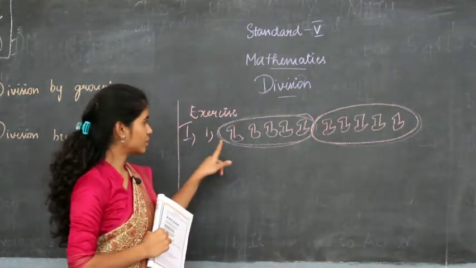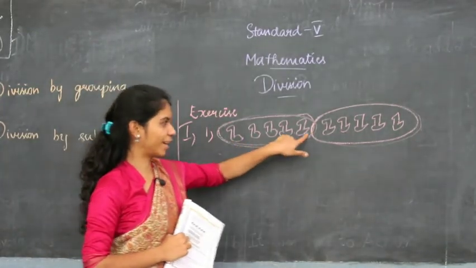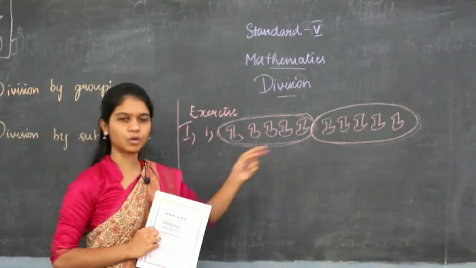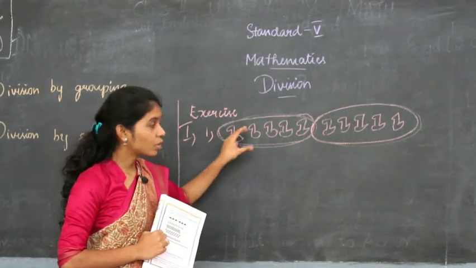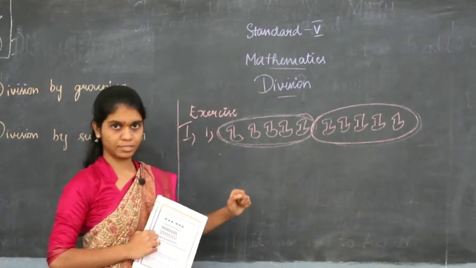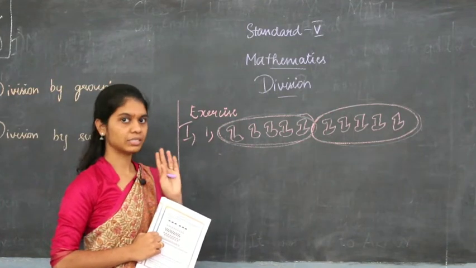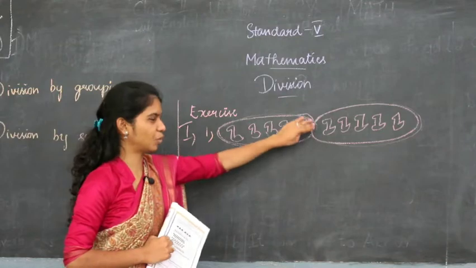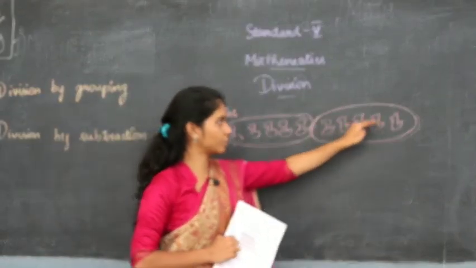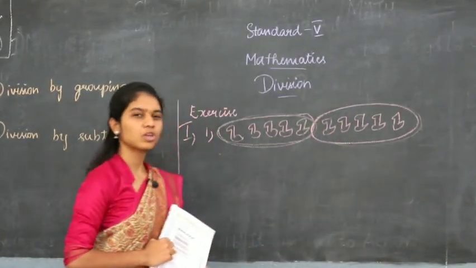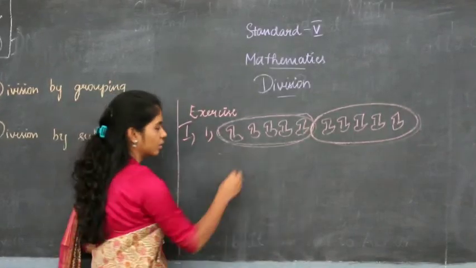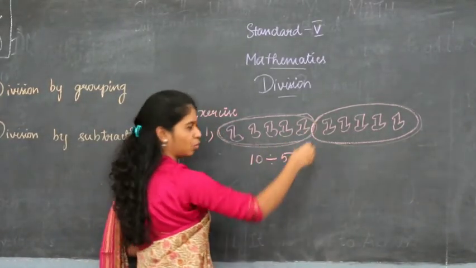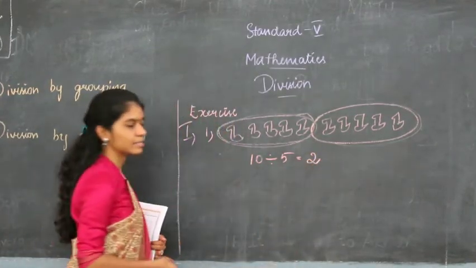There were 10 ducks and you separated them into groups so that one group contains 5 ducks: 1, 2, 3, 4, 5 one group and 1, 2, 3, 4, 5 another group. So how many groups did you get? 1 group and 2 groups. So your answer is 2.